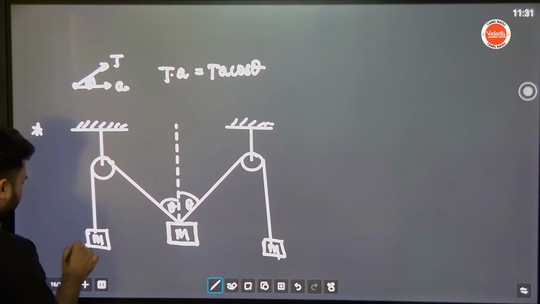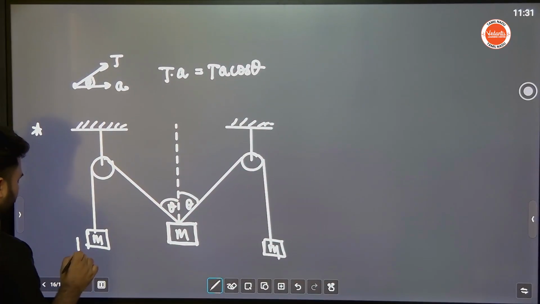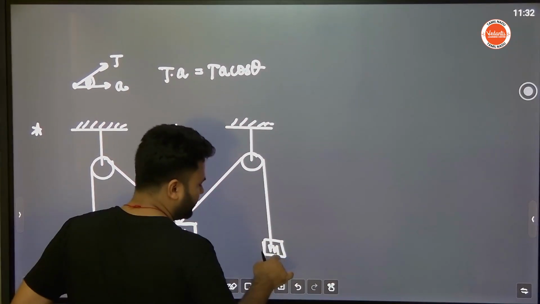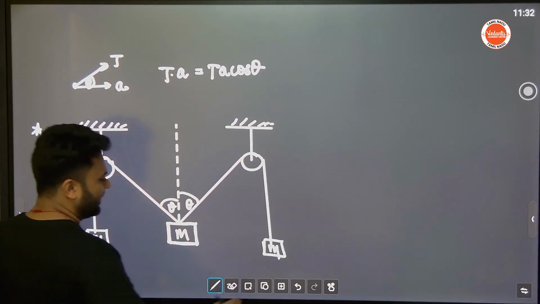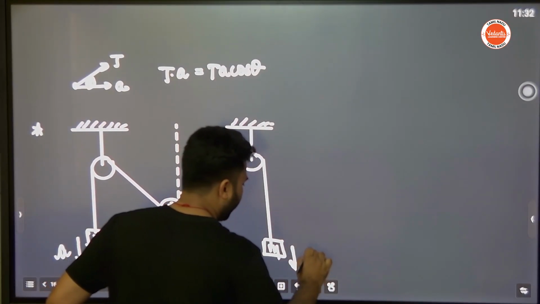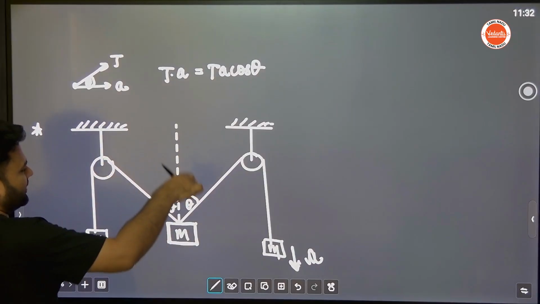So if I am pulling this object down, or this object is accelerating down, similarly this is also symmetrical. You can see this figure is symmetrical.